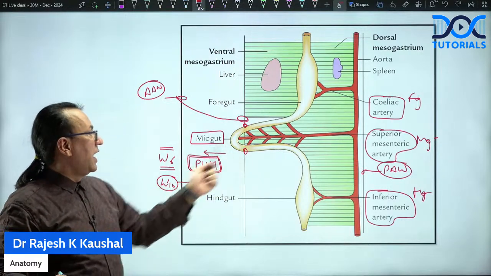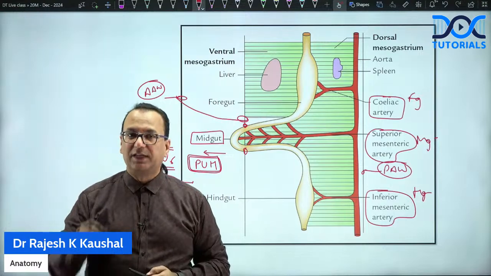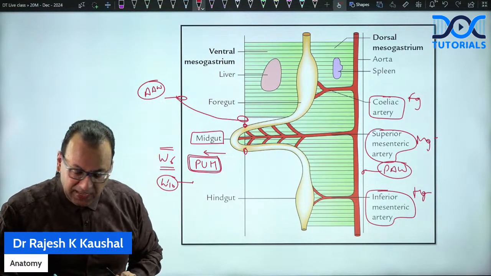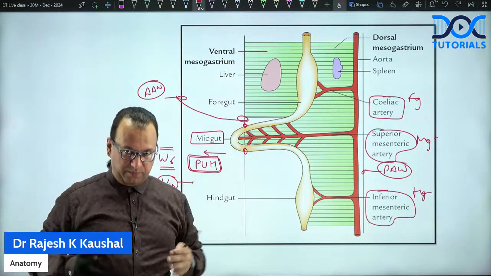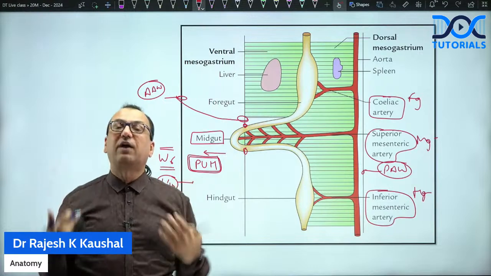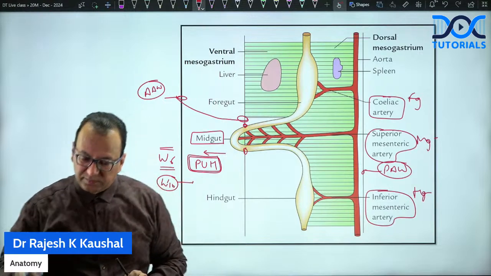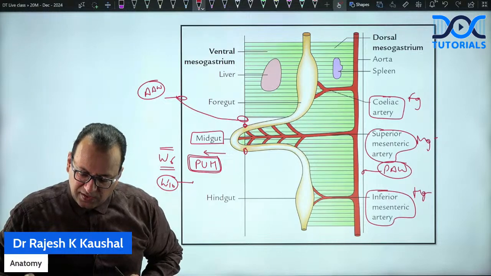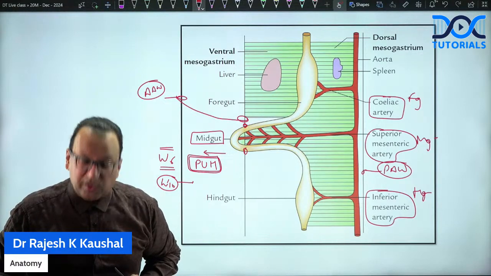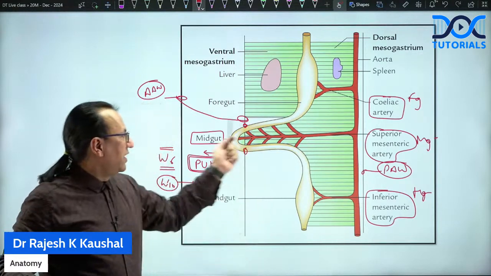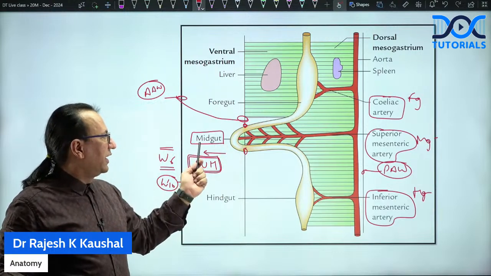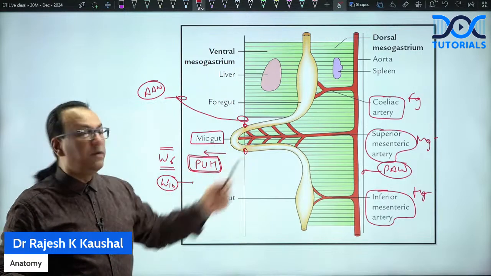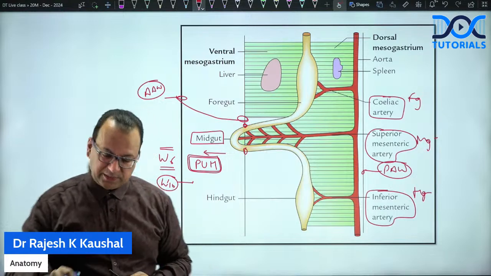It should come back. And what happens if it doesn't come back? Can you tell me what will happen if midgut goes out and doesn't come back? What is that called? Tell me, what is that situation called when the midgut has moved out through the umbilical cord and is not going back? It comes as a question.